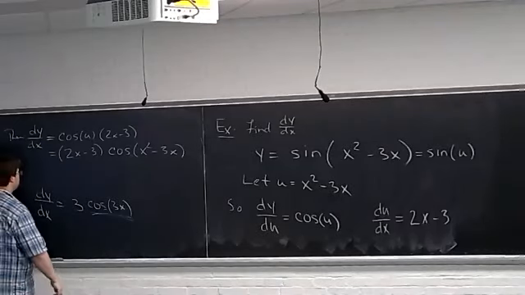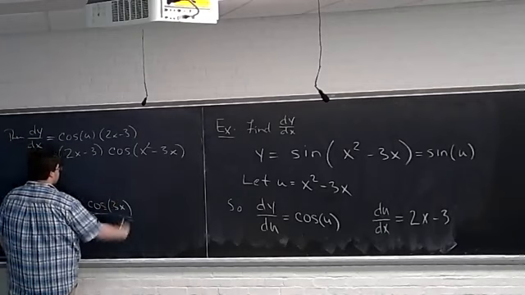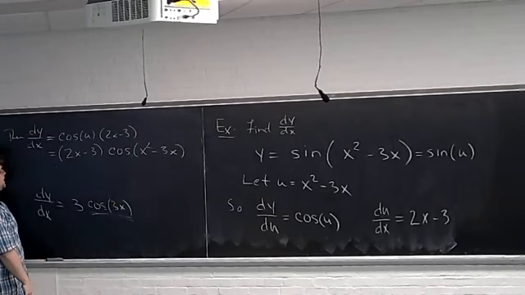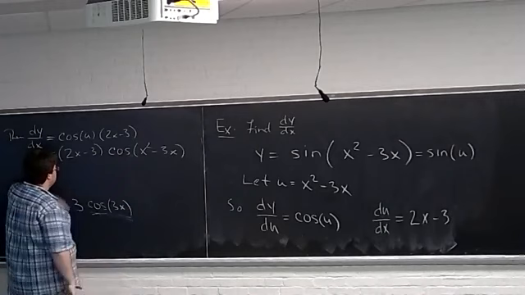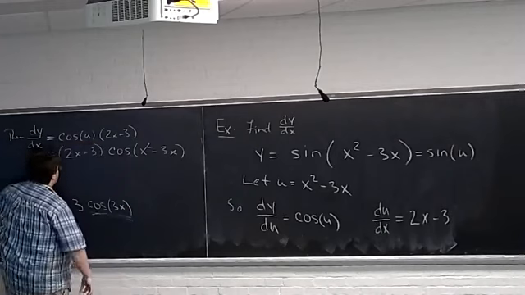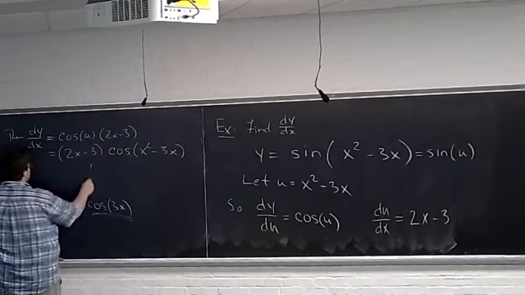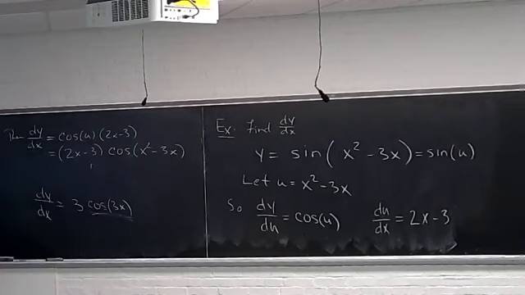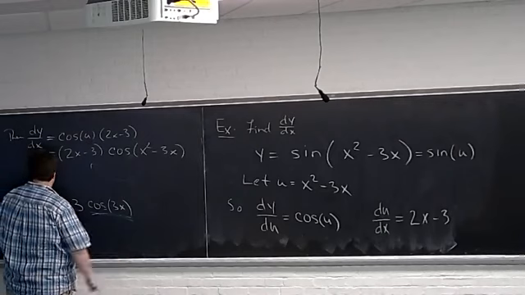And you can observe that the same observation we made over here does apply. Derivative of sine is that cosine piece. Leave the inside alone and then multiply by the derivative of that inside. And with these chain rule problems, you don't have to go through the details.